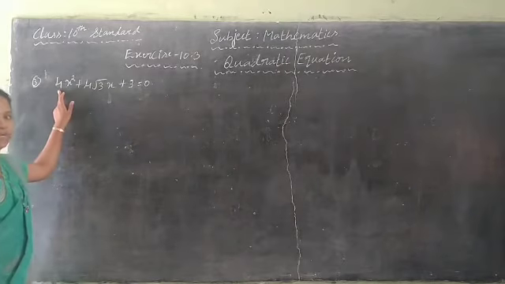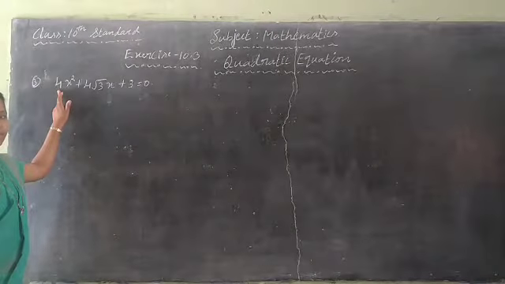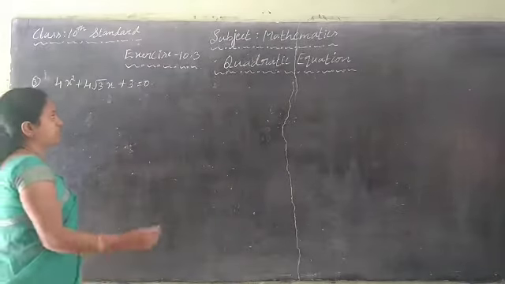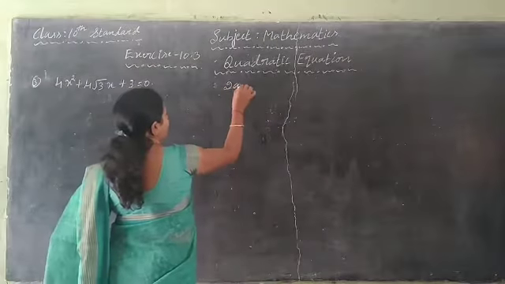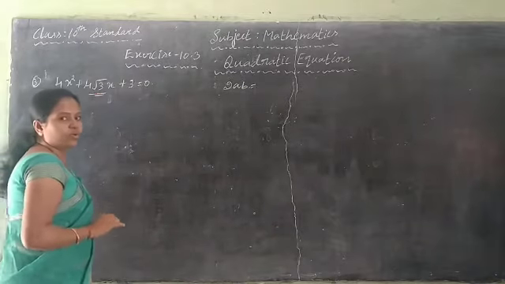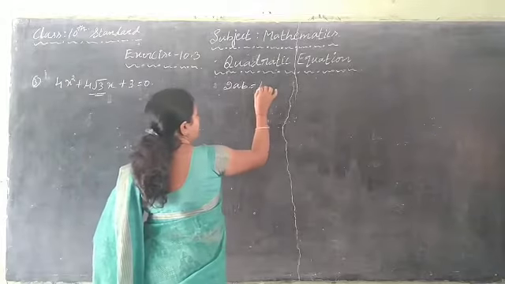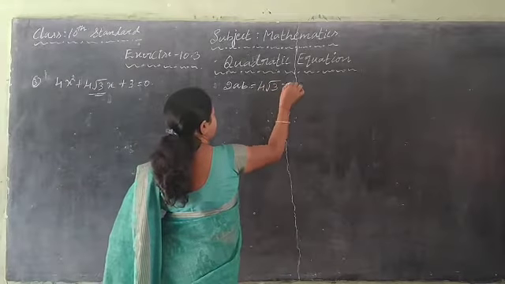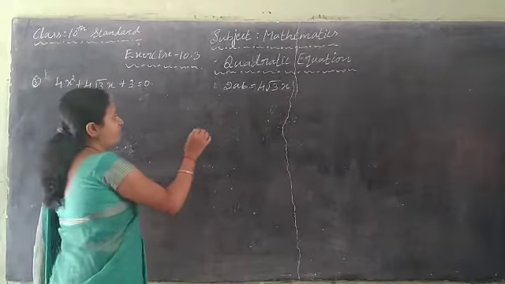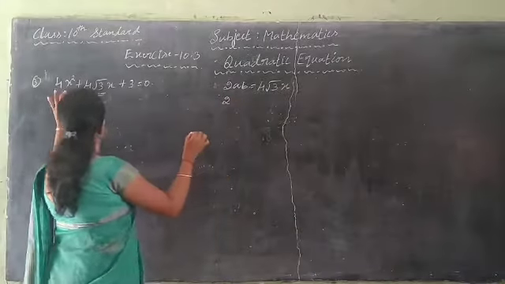First one is 4x square, so there is no necessity of multiplying, isn't it? So first we should find out the value of b, children. That is 2ab is equal to, what is the middle term here? 4 root 3x. 2ab is equal to 4 root 3x. Now, what is the value of a? 4x square is there.